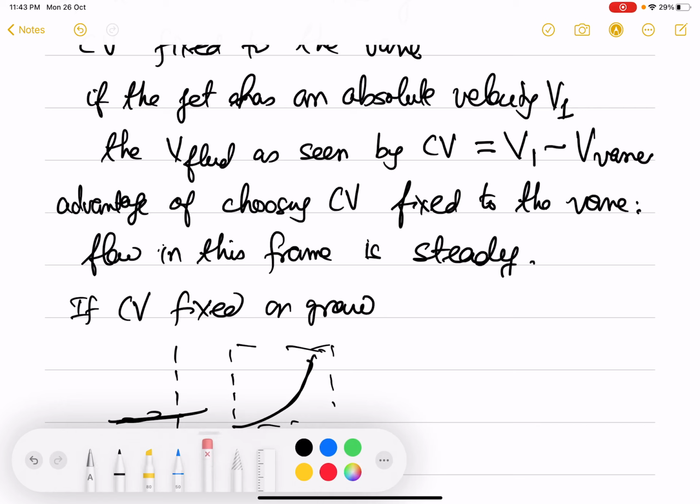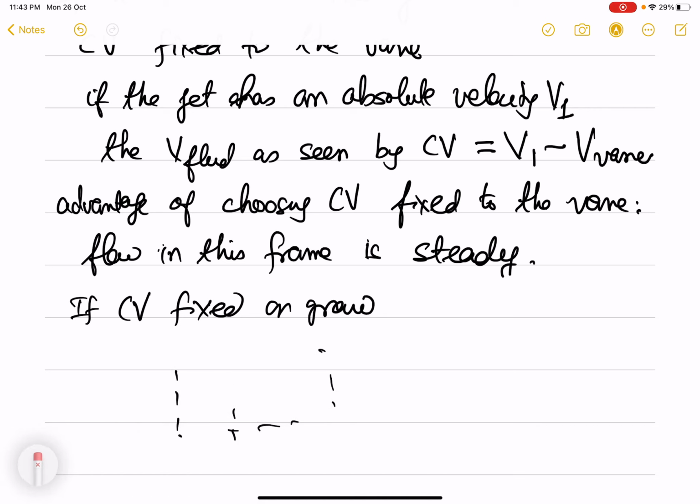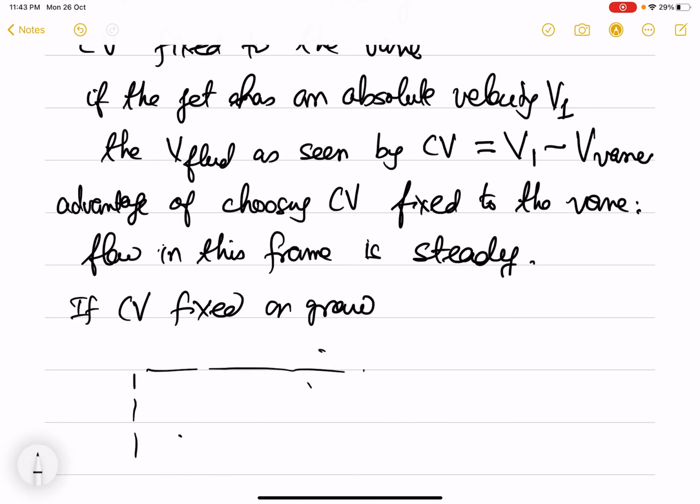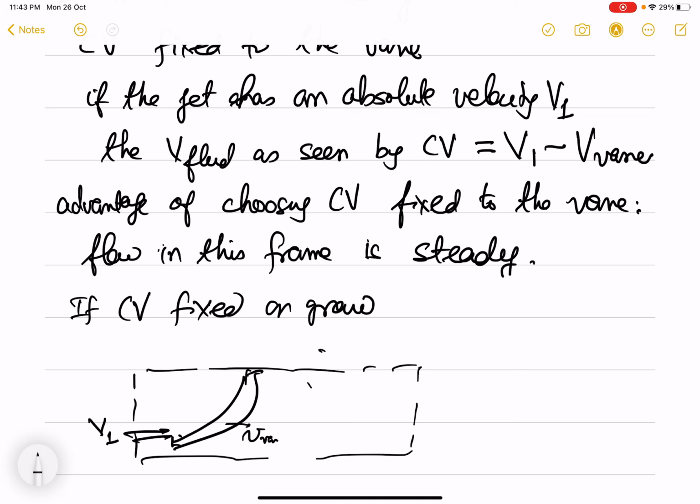So I choose a biggish control volume which contains the vane, and at time t equal to 0, this vane hits here, the velocity of the jet is V1, and the vane moves with V vane.